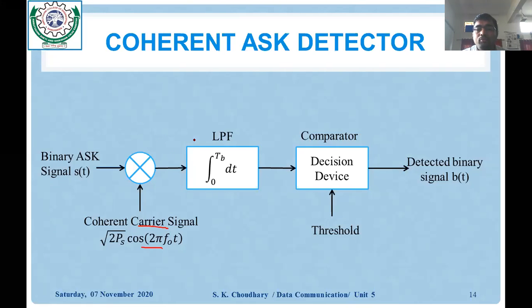The output of the low pass filter is passed through the sample and hold circuit, and then it is one terminal of the comparator, with the threshold value as the other, and finally you detect the binary signal.